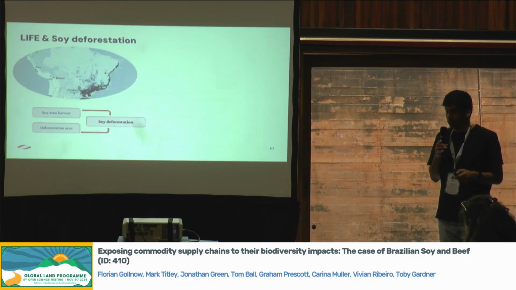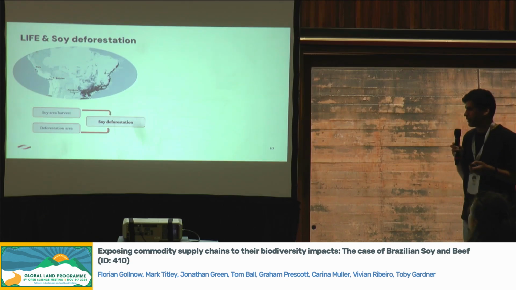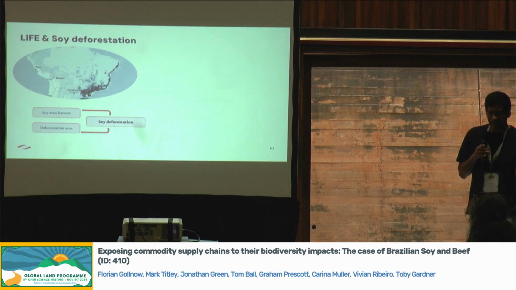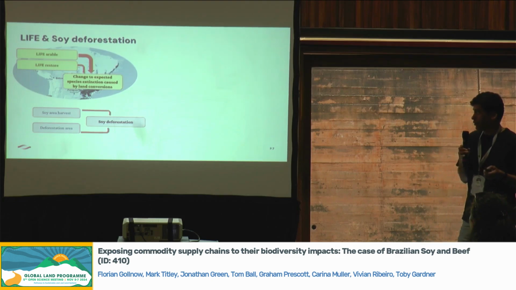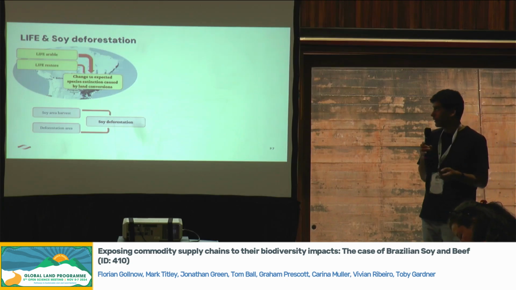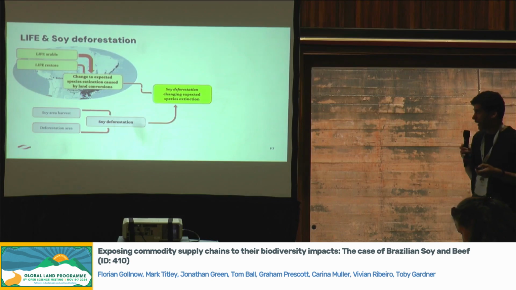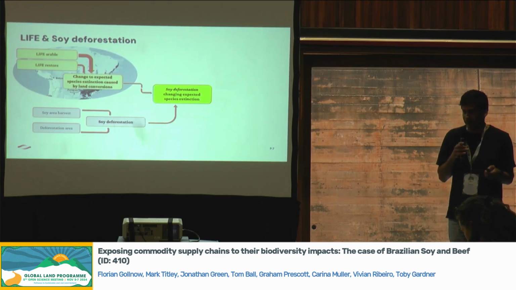What I do here is I base this assessment on soy deforestation. So it's not beyond deforestation, it's based on deforestation, which is a bit of a difference maybe. And then I calculate the change to expected species extinction caused by land conversions for each pixel and bring those two indicators together to understand the soy deforestation change to expected species extinctions.